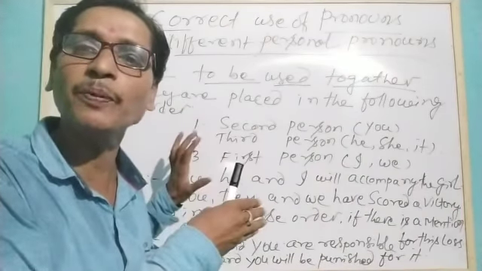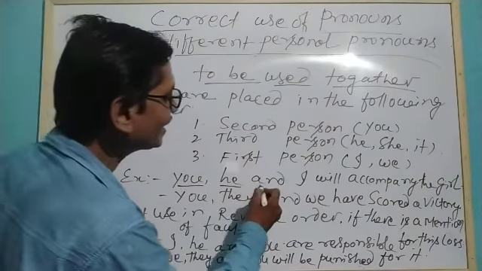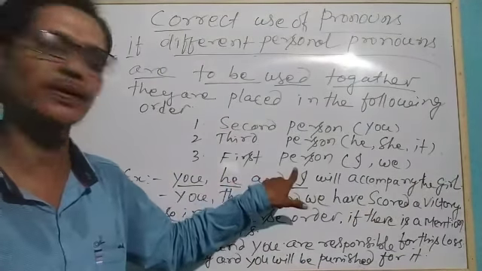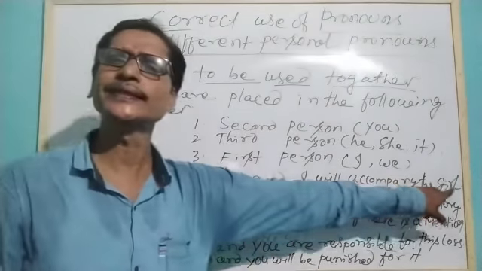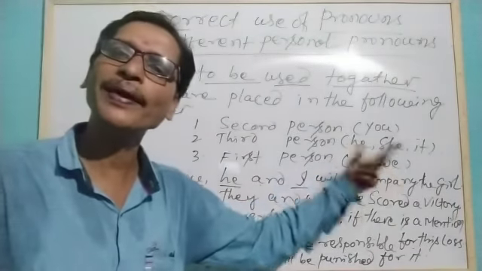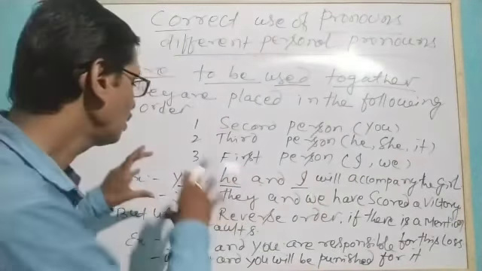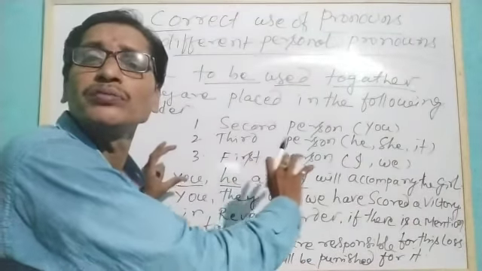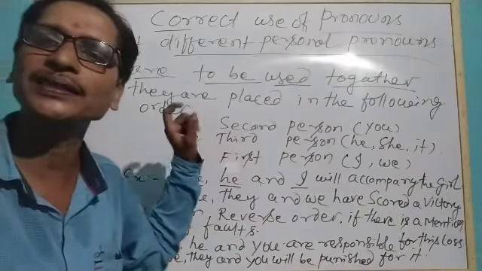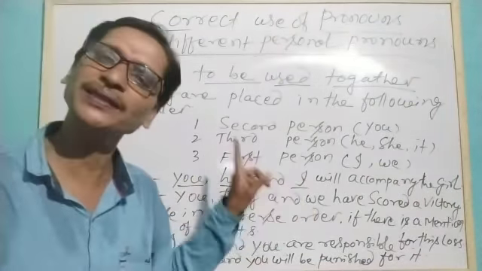The example for this is given over here. You, he and I, that means the second, third and first person, will accompany the girl. So when more than one personal pronoun is used together in our statements, this order should be followed: second person, then third person, then first person.